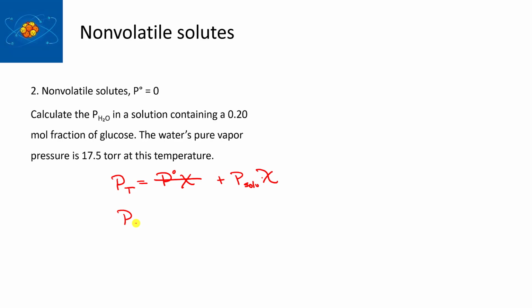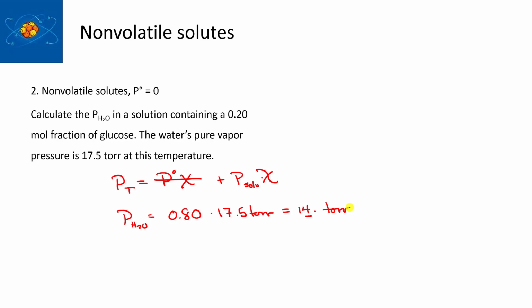The pressure of H2O is going to be 0.8, because 0.2 is glucose, so 0.8 is the mole fraction for the water, times 17.5 torr, or millimeters of mercury if you're more comfortable with that, and that ends up being 14.0, or 14 rounding, torr.